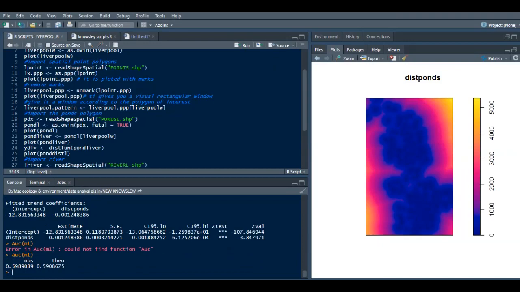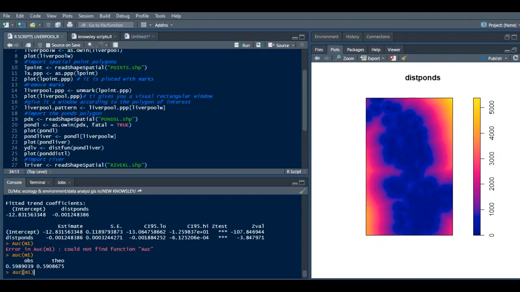That means 59% of the distance to the river explains the shorter distance, because when you look at the coefficient here, it is negative 0.001. The shorter distance explains 59% of the recording of the species or the occurrence of the species.